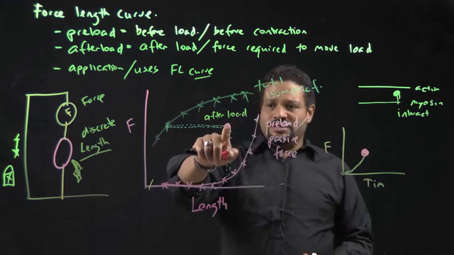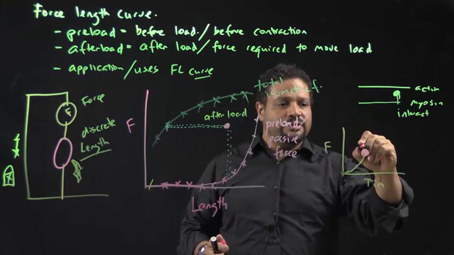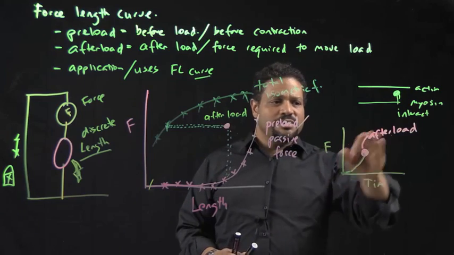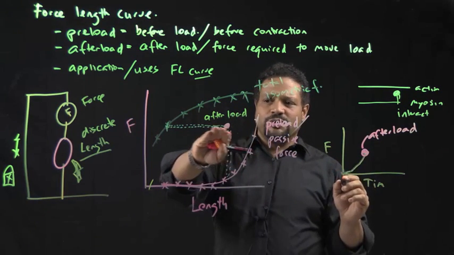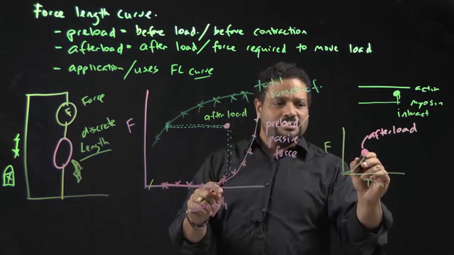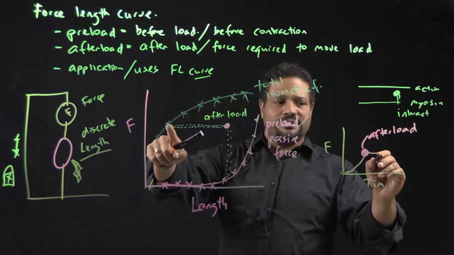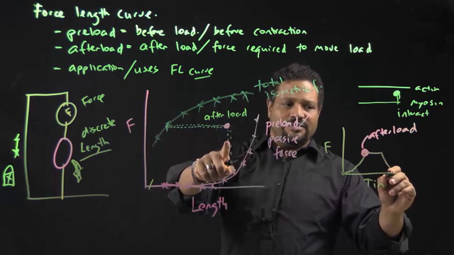When that force equals that afterload, the force that the muscle generates remains constant, so it stays flat, and then it reaches here. The muscle cannot shorten or contract anymore, and then it goes back down, and then it relaxes.